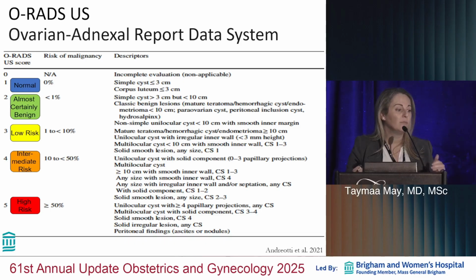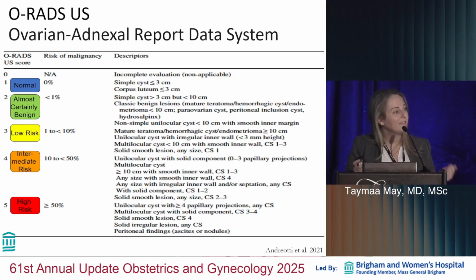So 0 means incompletely evaluated, so you have to repeat it. 1 is a normal-appearing ovary with just a cystic lesion, nothing solid, no tumor, so that's great, it's not a neoplasm. And then 2 is almost certainly benign. Less than 1% of O-RADS 2 tumors are malignant. 3 is low risk, less than 10%, and the majority of those were pre-malignant borderline tumors. 4 is probably the toughest category because 4 is an intermediate risk, between 10 and 50%.